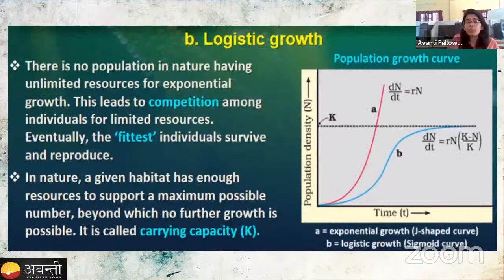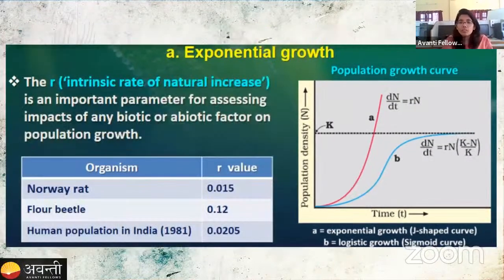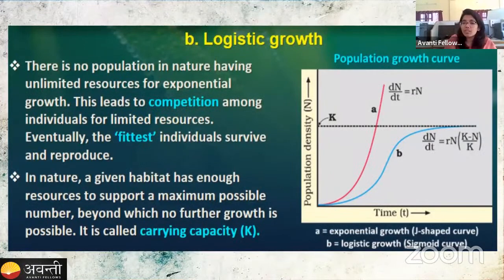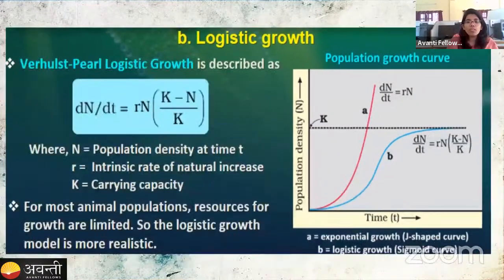In this graph, you can see the pink line which has been drawn is exponential growth, whereas the blue line is logistic growth. And the formula for logistic growth is given here, dN by dt, which means the density at a particular time. How to calculate? R into N. What do you mean by R?